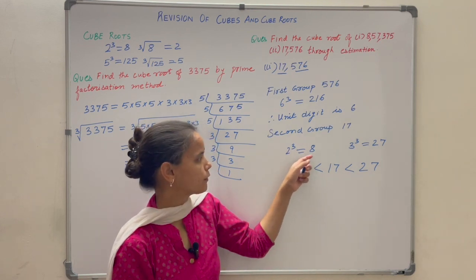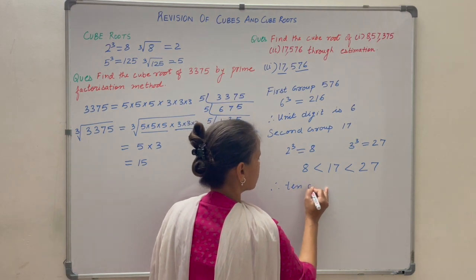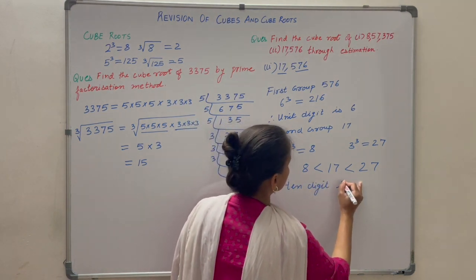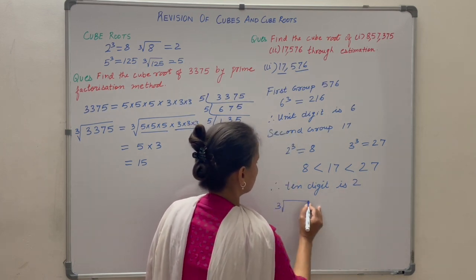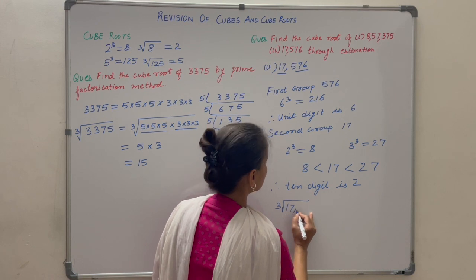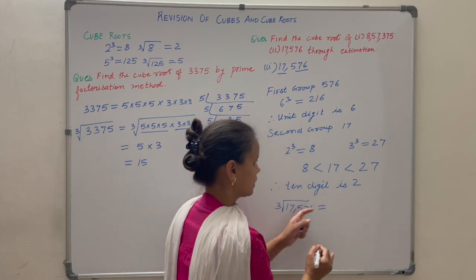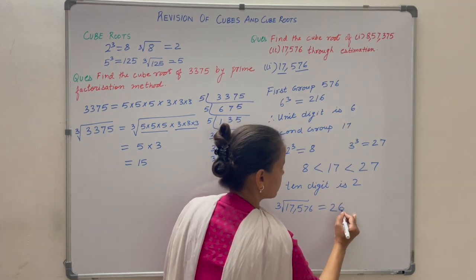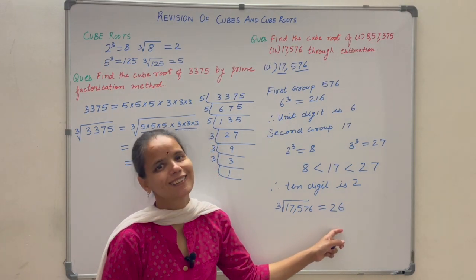And 8 is a perfect cube of 2. Therefore the tens digit of the cube root number is 2. So what is the cube root of 17,576 through the estimation method? 2 is in tens place and 6 is in ones place. So the cube root of 17,576 is 26.